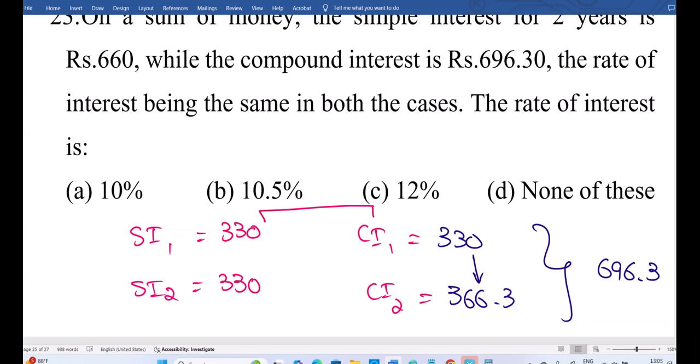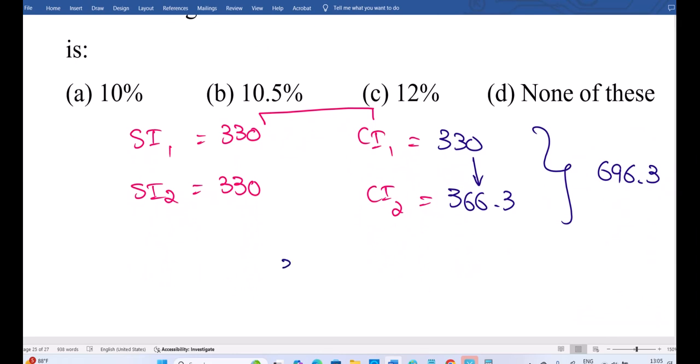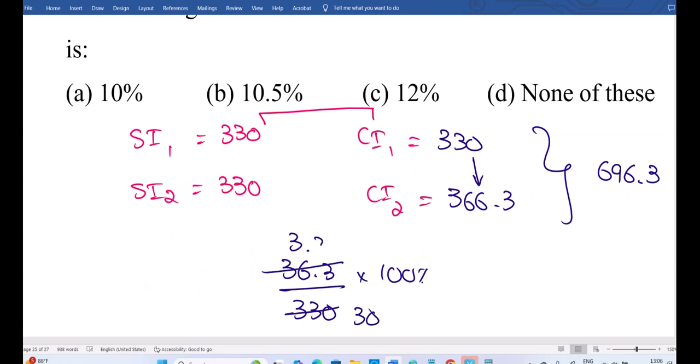So how much increase? 36.3, divided by 330 into 100. 330 33 divided by 3, 11% is what we are getting as the answer. 11%. Okay, we got 11.